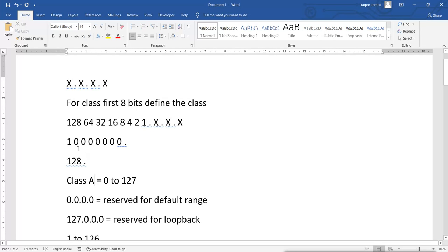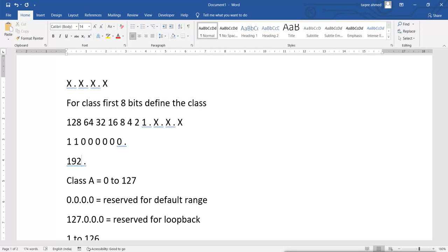Now if you enable the second bit along with the first bit, you get the problem. What value do you get? You combine 128 and 64, and the total value is 192.